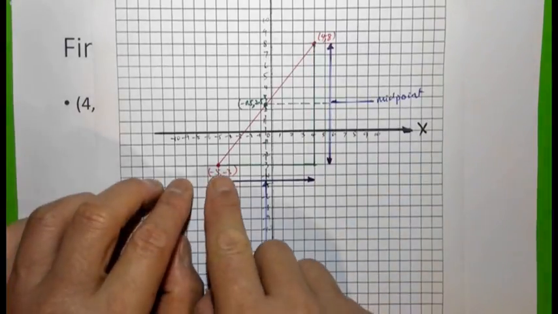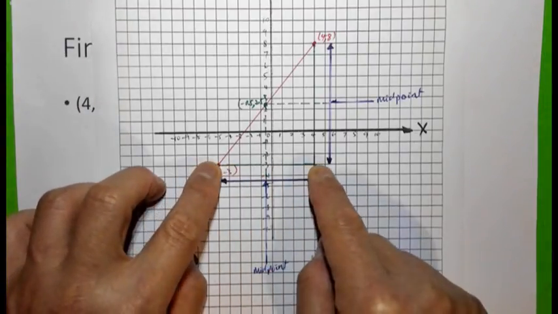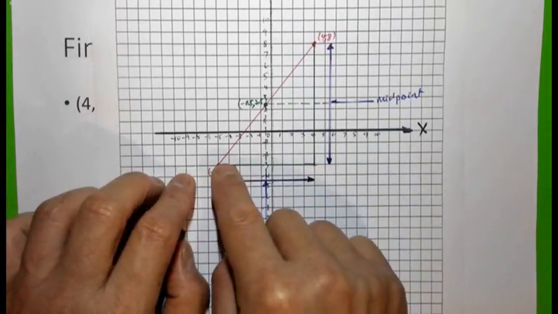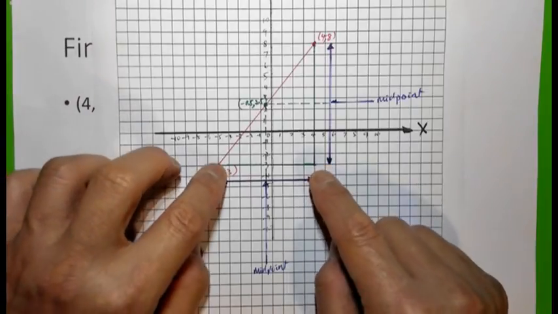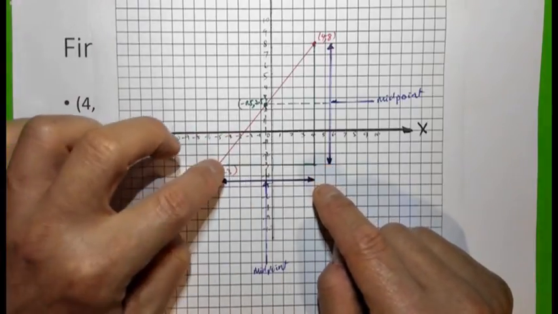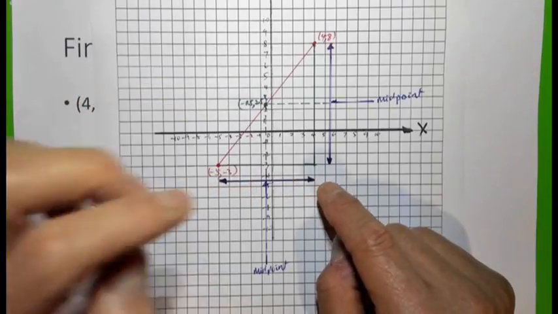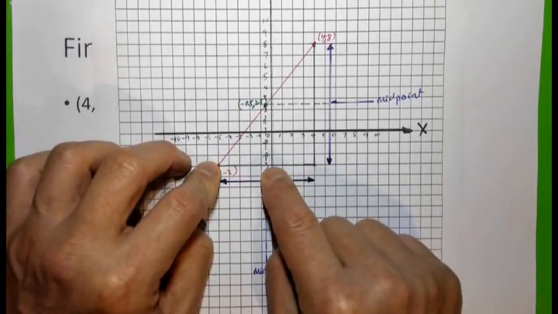What we can do is draw a line to find the x distance and draw a line to find the y distance. With that, we can work it out by counting the squares. We know there are 1, 2, 3, 4, 5, 6, 7, 8, 9. If there are 9 squares here, divided by 2, that's 4.5.